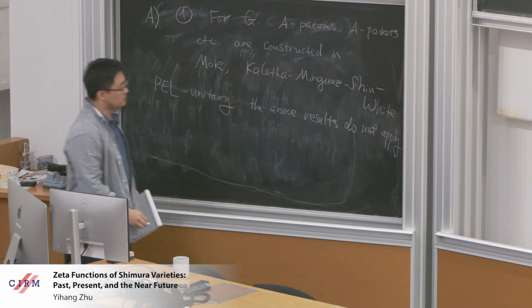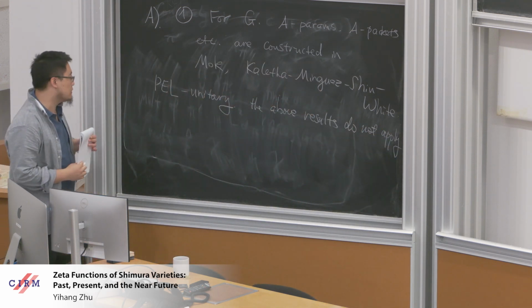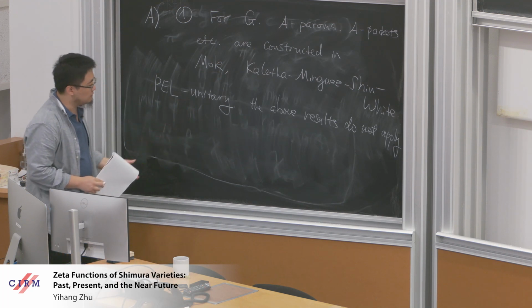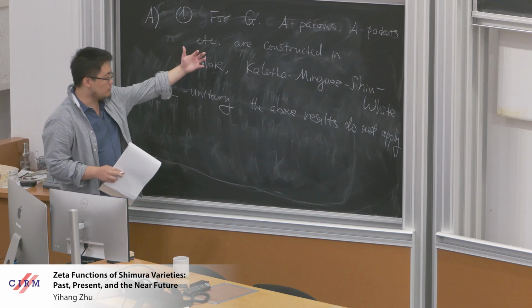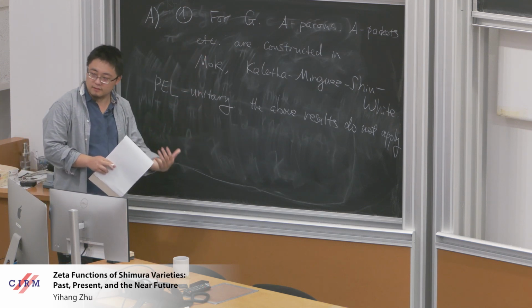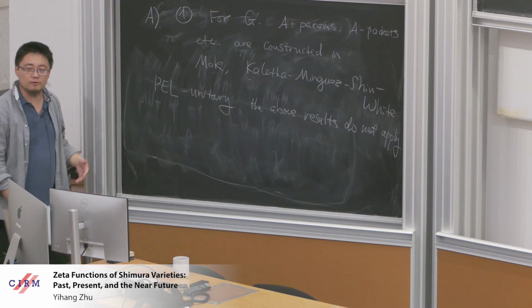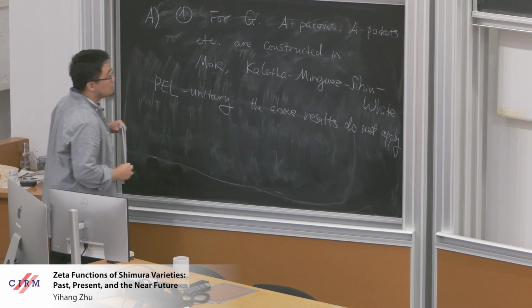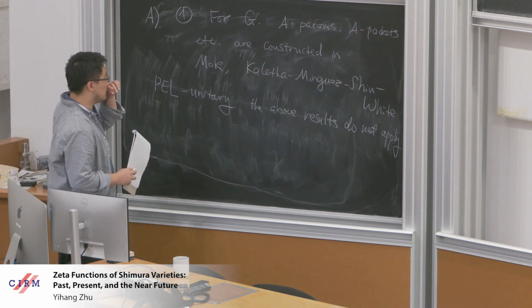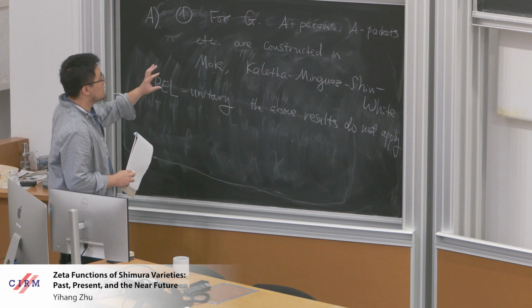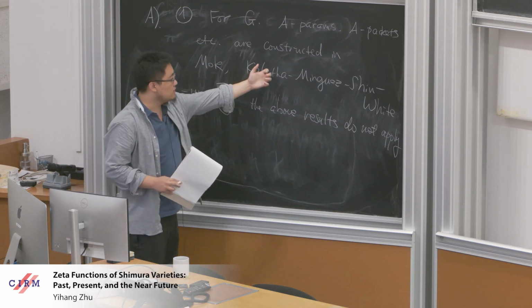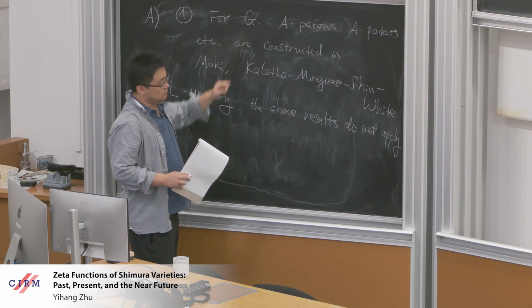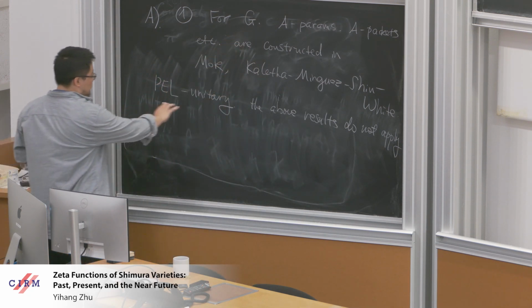Okay. So in my understanding, if you are considering unitary groups of an odd number of variables, then it's relatively easier to go from the honest unitary group to the other unitary groups. But if it's an even number of variables, it's actually a very subtle question. So you see that in some sense, even for the sake of being able to apply these results, we are forced to consider the honest unitary group G, not some PEL unitary group.